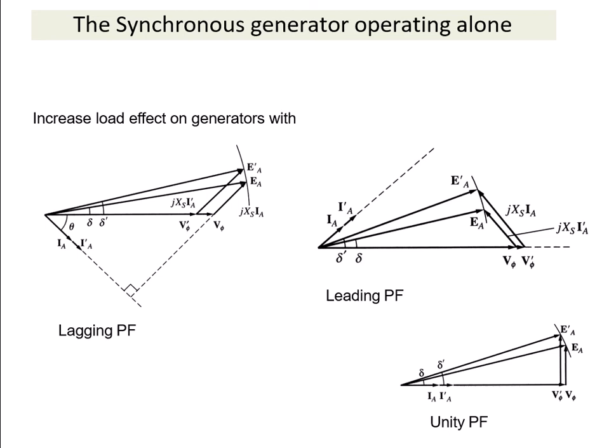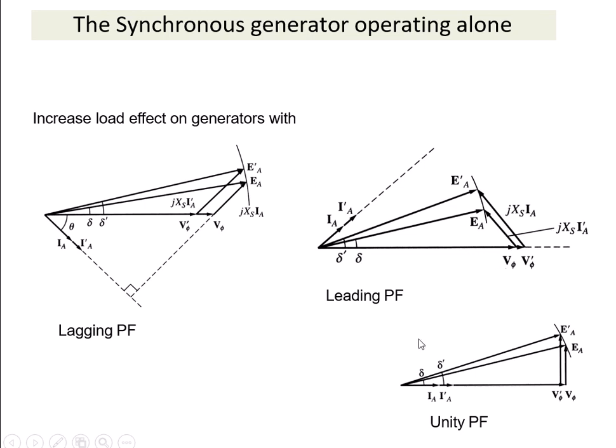So if current is increased, this voltage drop increases, and ultimately our terminal voltage will be lower. Whenever the load is increased, this effect happens and the terminal voltage decreases. So our phasor diagram will look like this if the load is increased.